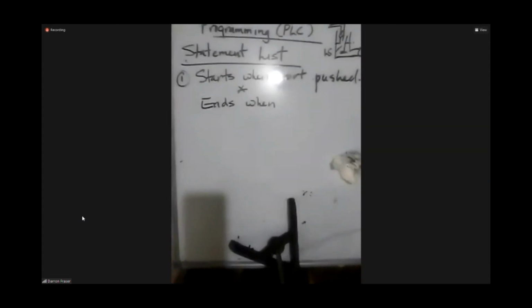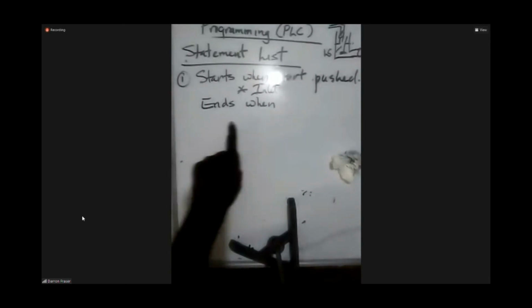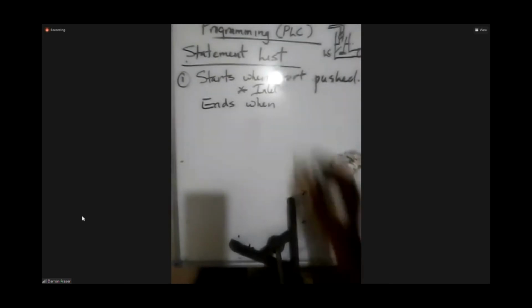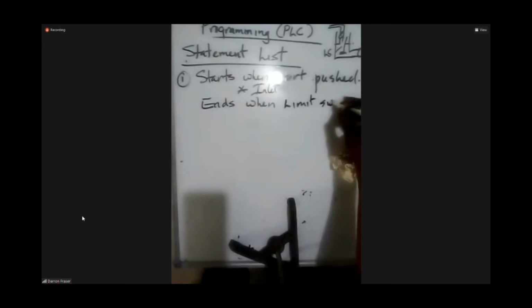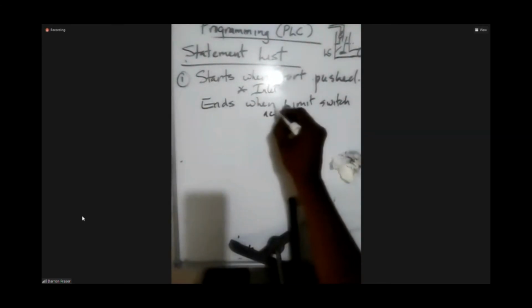So when we press the start button, which one of these three, the stir, the inlet, or the outlet, is started? The inlet is activated. And when does that inlet turn off? When the limit switch sends a message, saying we reached a level. When the limit switch is activated.